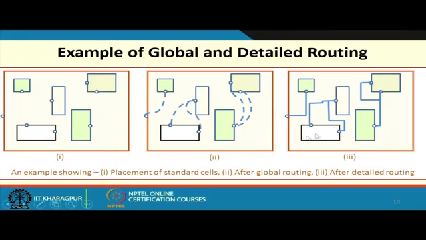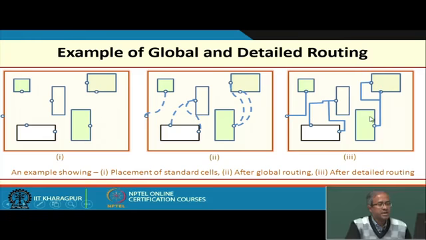They can connect at certain points if required. So, this is global and detailed routing, roughly what it means. Later on we shall be looking into these in much more detail, and we shall be working out a lot of examples.